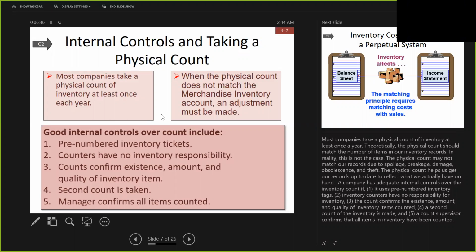Good internal controls include pre-numbered inventory tickets. The counters have no inventory responsibility, because we don't want to take the chance that they will purposely miscount, right?